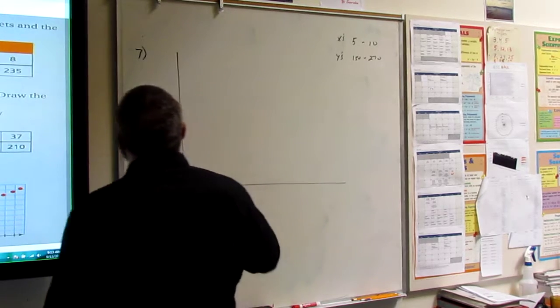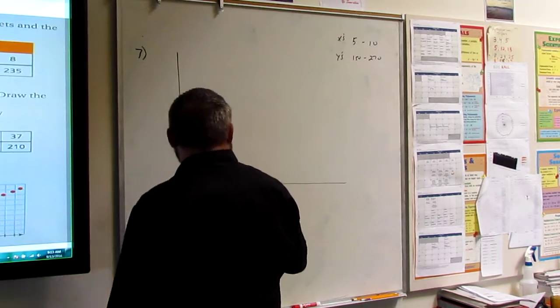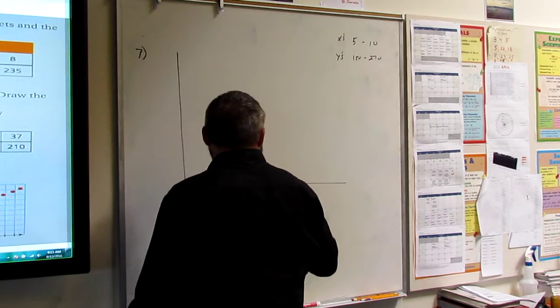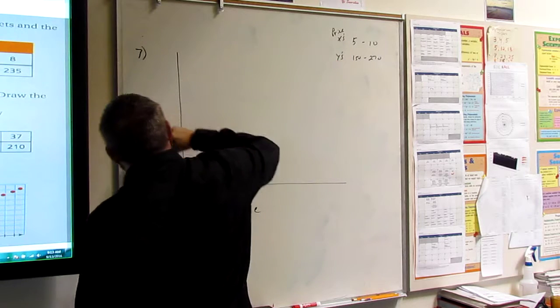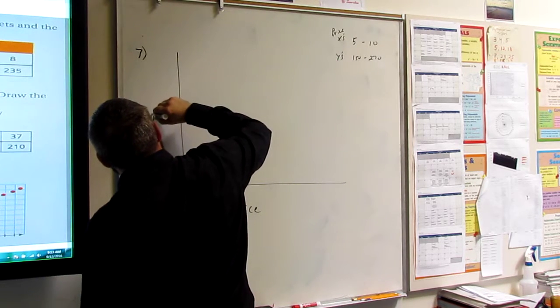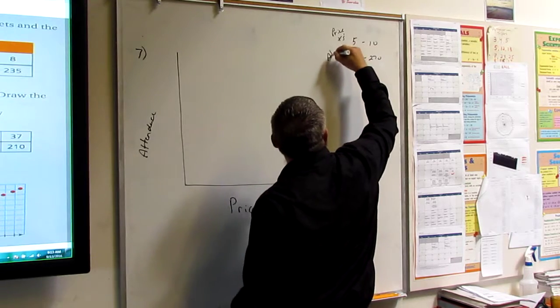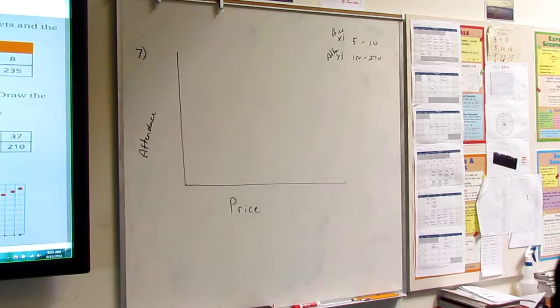I have the price here, price is in the X, and the attendance is in the Y. So the attendance is in the Y.